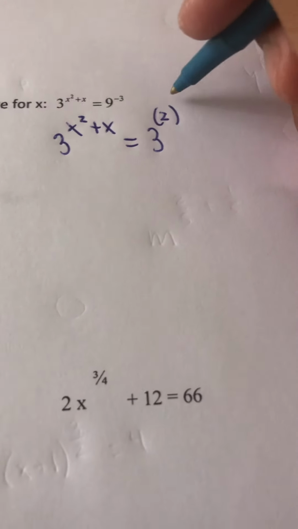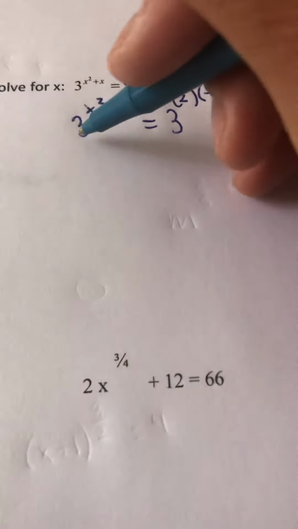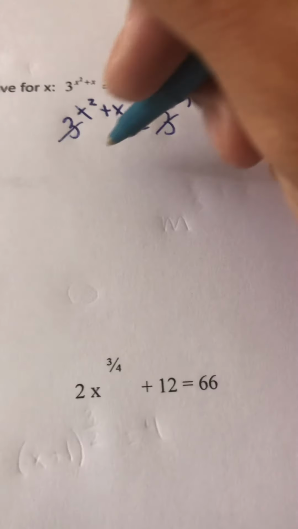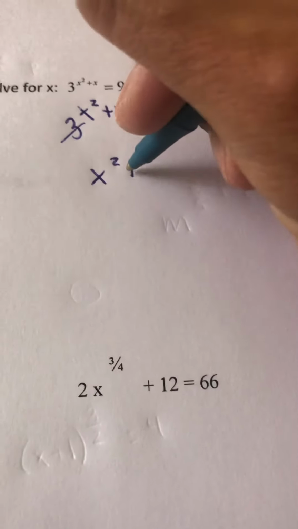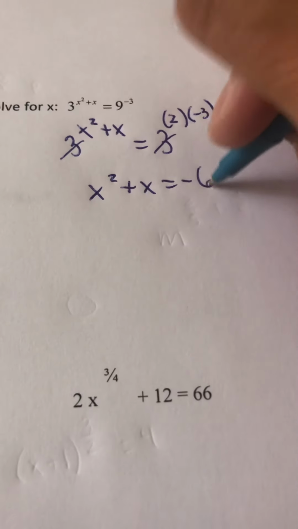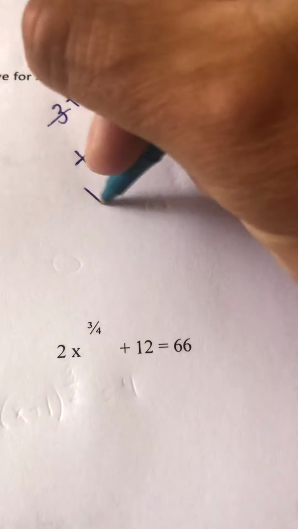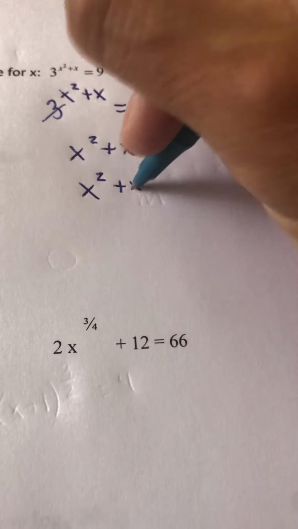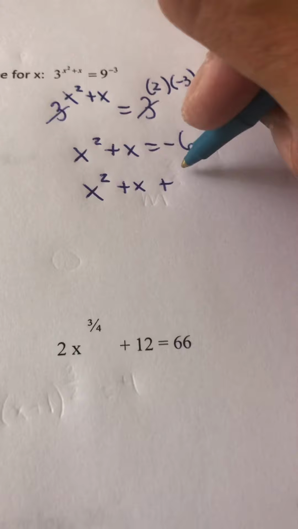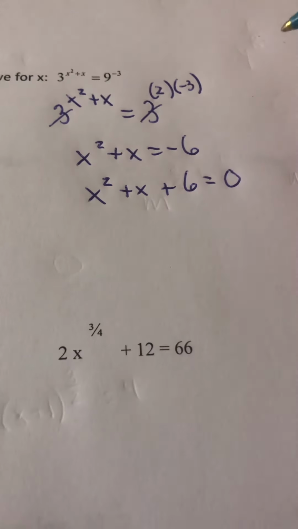Don't forget to bring that negative 3 down. And now because I have a common base, I can clear those out. I'm left with x squared plus x is equal to 2 times negative 3, which is negative 6. The next thing that I need to do is add 6 to the left. So I have x squared plus x plus 6 is equal to 0.